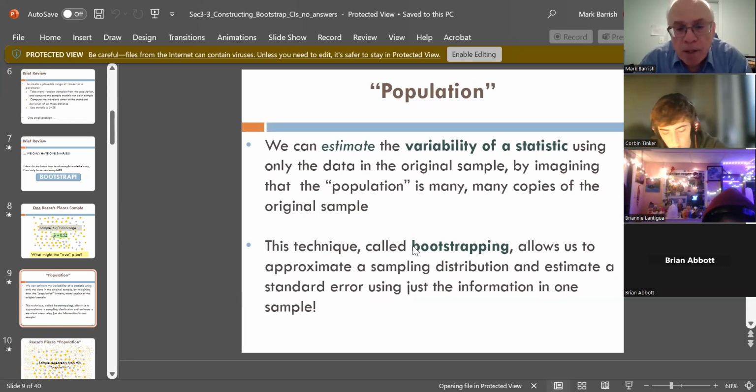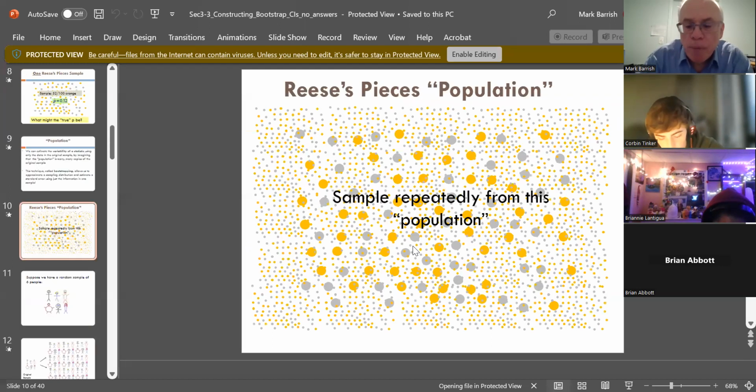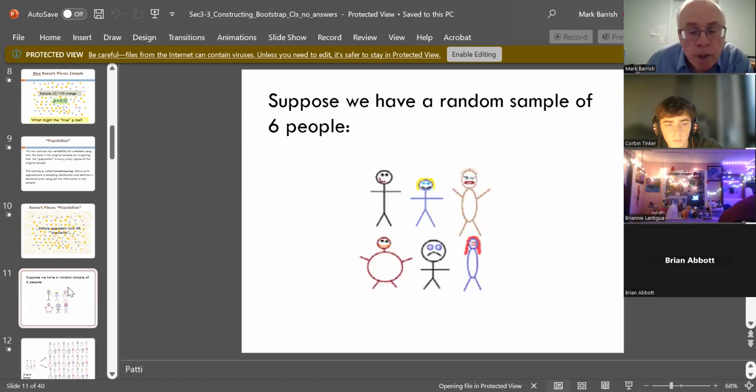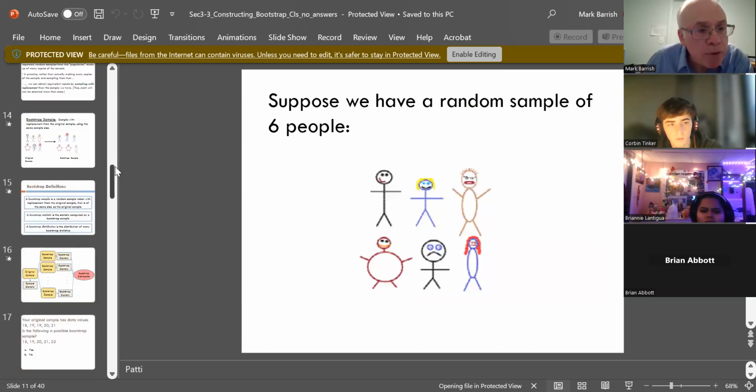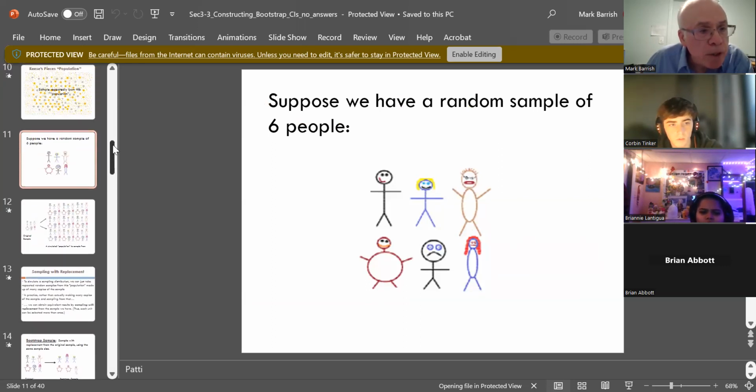So the technique is called bootstrapping. Let me scroll down because I don't want to get you too confused by this.